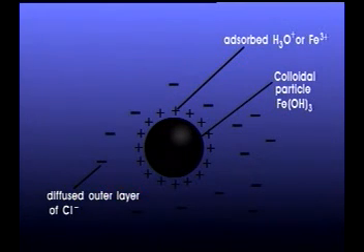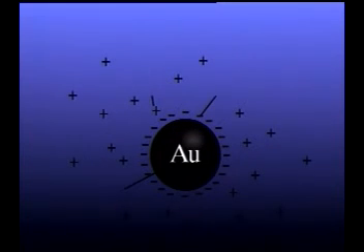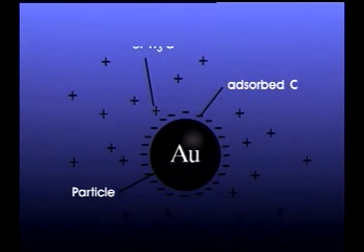Colloidal ferric hydroxide particles adsorb positive hydronium or ferric ions from the medium, thereby acquiring a positive charge. Other colloids like gold and sulfide sols adsorb only negative ions.